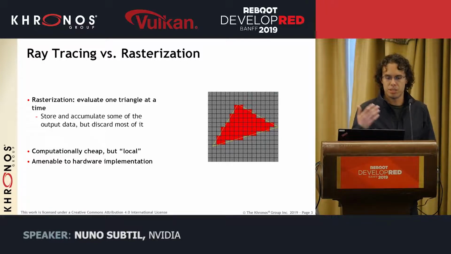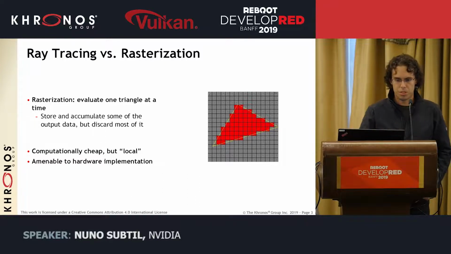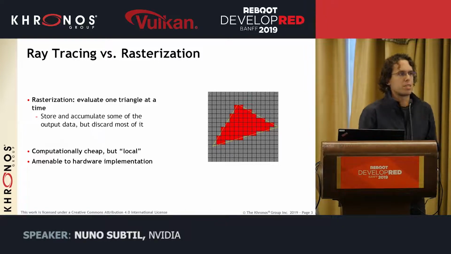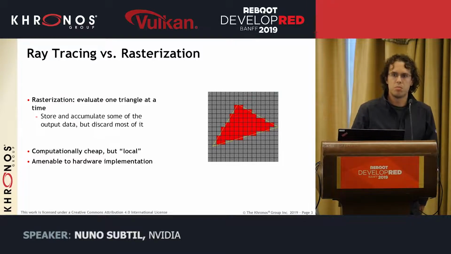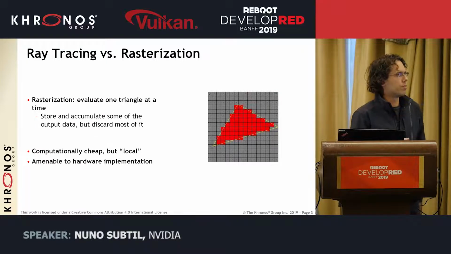With rasterization, your input data will be, in your 3D world, a set of meshes which end up being represented as lists of triangles. Triangles have positions, so 3 points in 3D space, plus some number of other attributes along with those vertices.